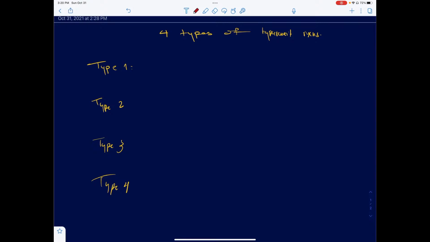Okay, so the first type of hypersensitivity reaction is mediated by IgE antibodies. Type 2 is also called cytotoxic and is mediated by IgG, but this type 2 cytotoxic reaction is also mediated by IgM.